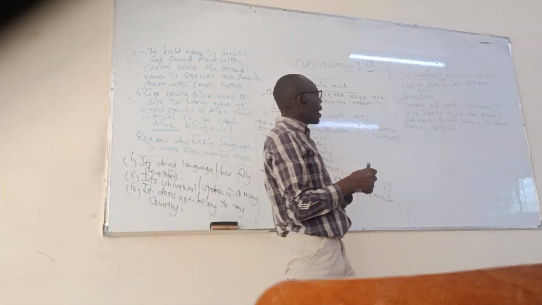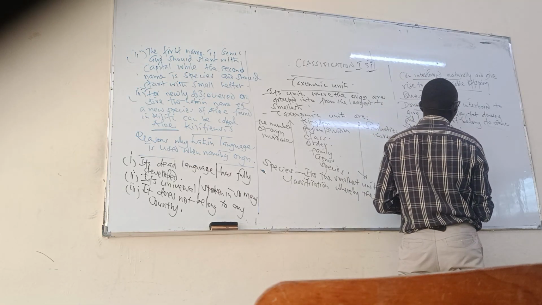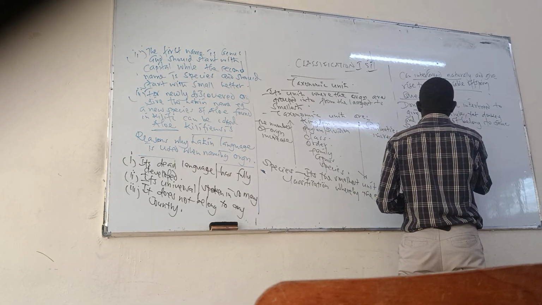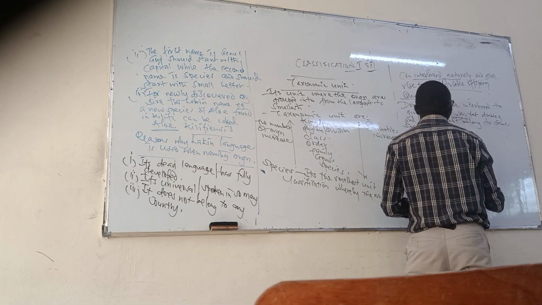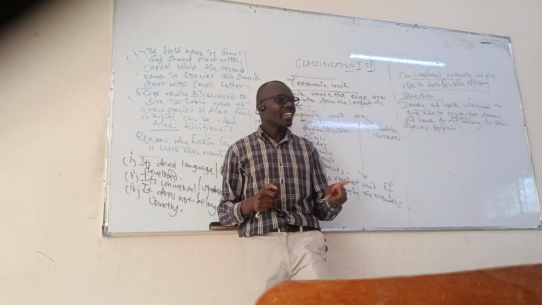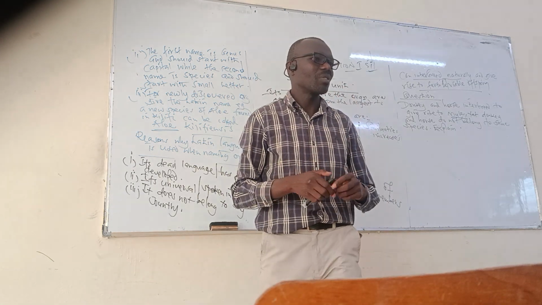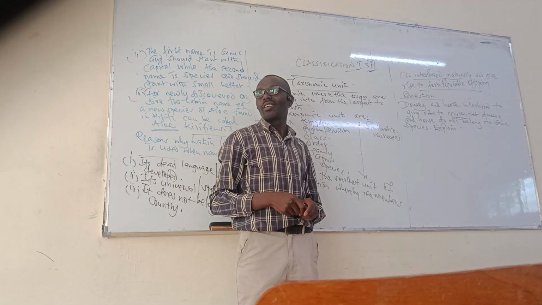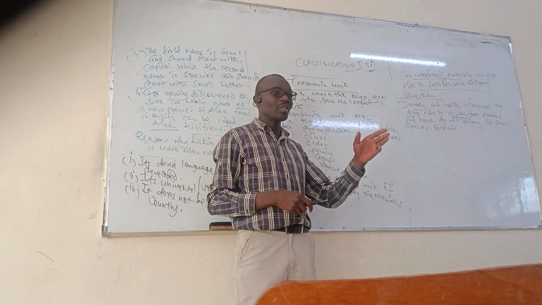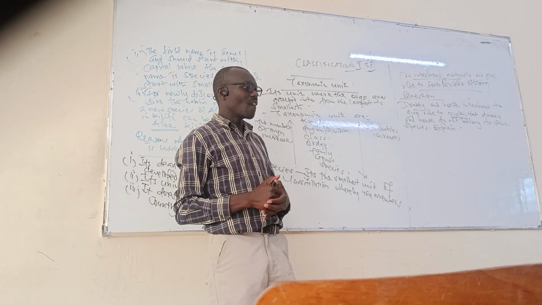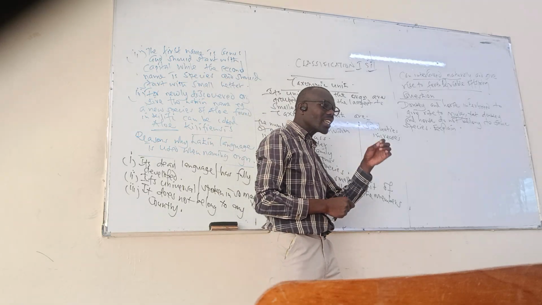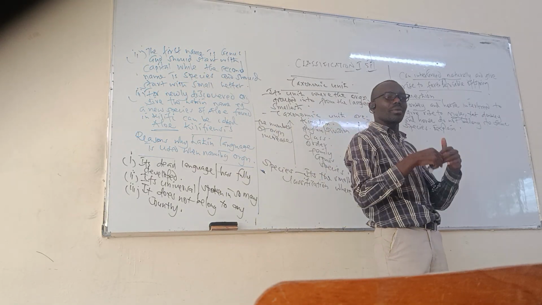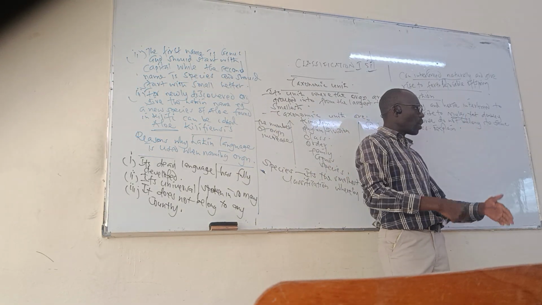Yet a donkey and a horse do not belong to the same species. Why? Somebody give us the answer. Why is it that a donkey and a horse do not belong to the same species, yet they can interbreed and give rise to a mule?